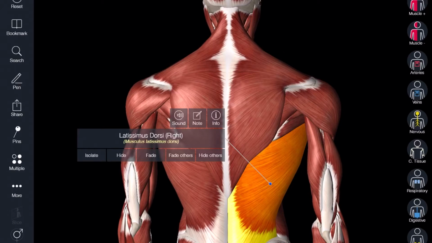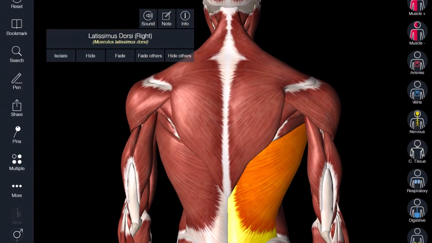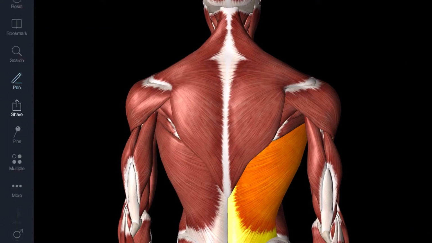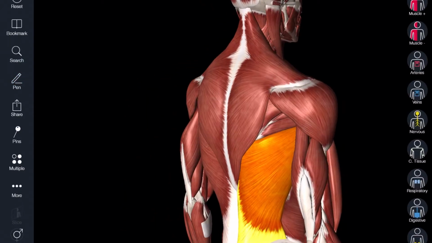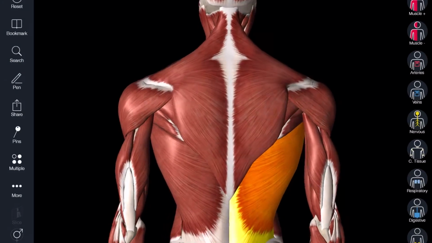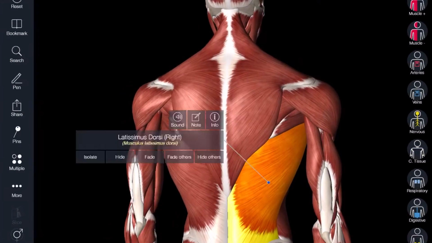And so this is a wide muscle of the back. It is not the most superficial muscle because trapezius overlaps it just a little bit right in through here. But for the most part, where they're not overlapping, it's the most superficial muscle. It's definitely the most superficial muscle of the low back. So it's this wide back muscle that goes up into the axillary region and it moves the arm.